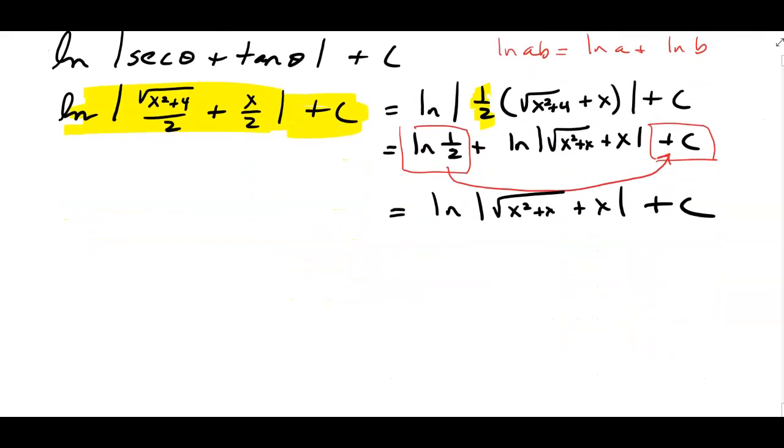Here's something else. Again, we go back to this idea of memorizing. Let me put the original integral back up, which was just dx over the radical. This is an inverse hyperbolic sine.